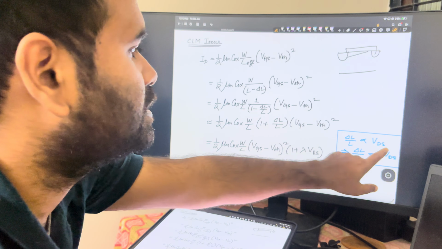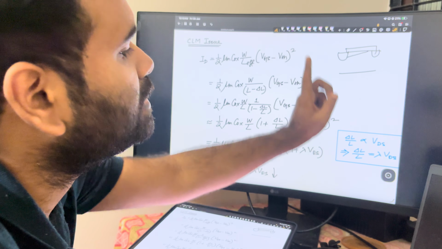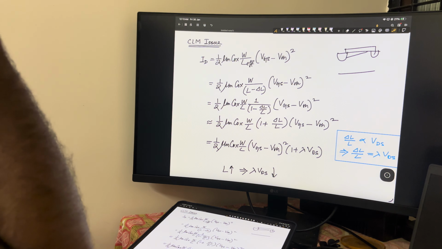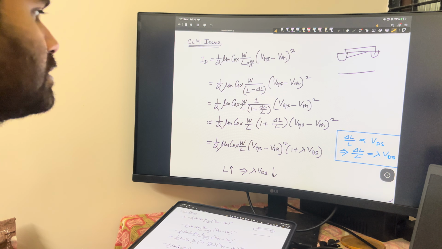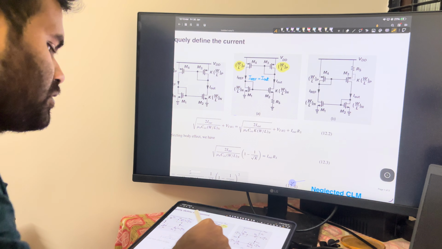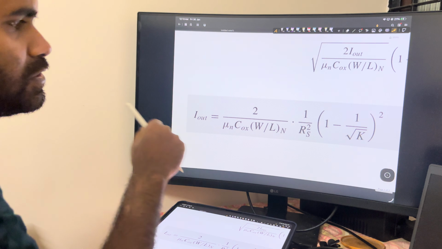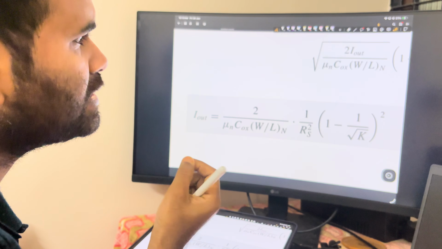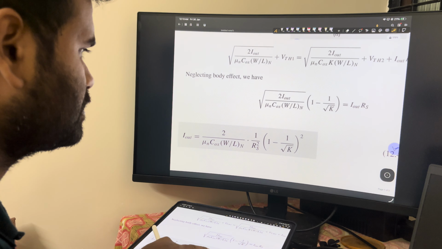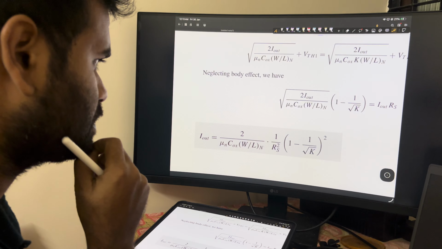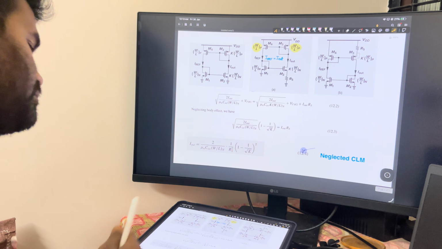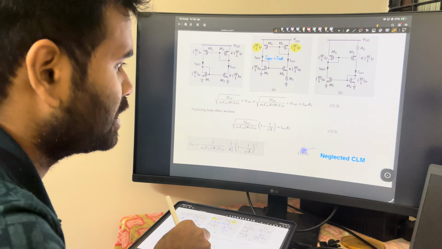So this reduces if you increase L. Higher the length, the channel length modulation effect reduces, and we can approximately say this is the expression of our I out, with very little dependency of VDD variation on this expression. So we have a supply independent current, which is what we actually started with.